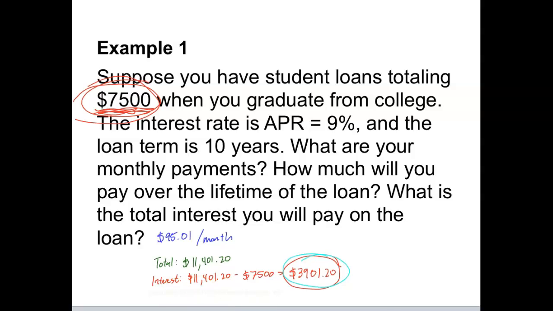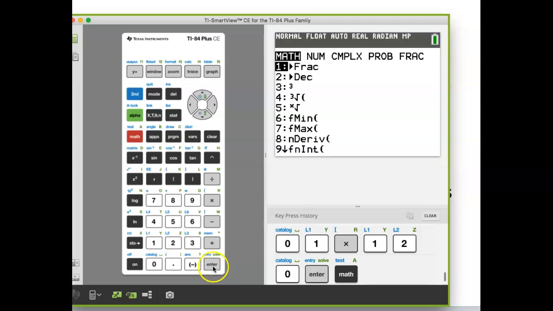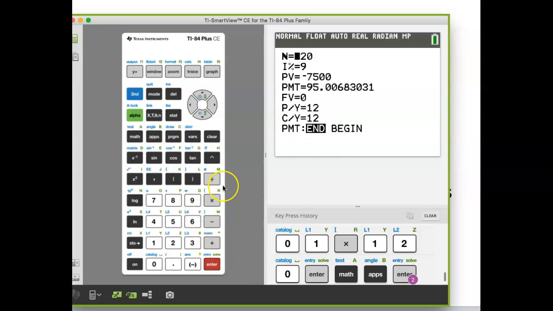So we can do that real quick in the calculator and the TVM solver. Whoops, apps, finance, TVM solver.